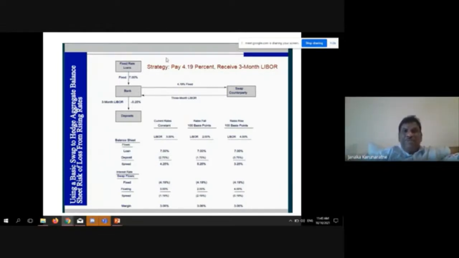Now, assuming I go to a swap counterparty and tell him, okay, I will give you a 4.19 fixed rate for this particular period of the swap. You pay me 3 months LIBOR. So am I worried now about LIBOR? Now let's say LIBOR goes up to 10%. Am I worried now?